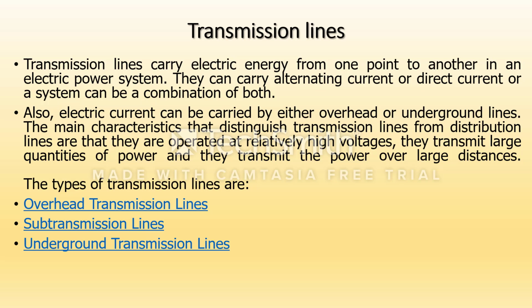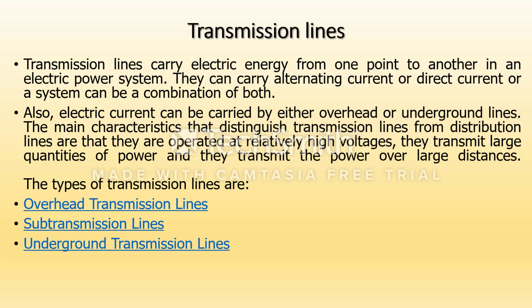Electric current can be carried by either overhead or underground lines. The main characteristics that distinguish transmission lines from distribution lines are that they are operated at high voltages. They transmit large quantities of power and they transmit the power over large distances.